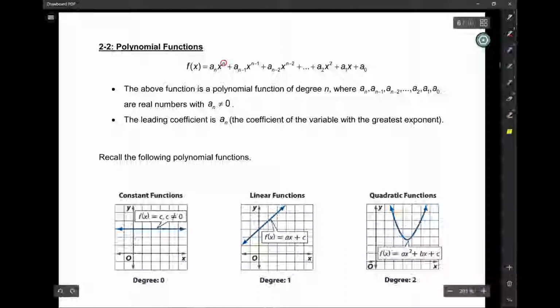And then if you look at all of the other exponents, it's n minus 1, smaller than n, n minus 2, smaller, and then dot, dot, dot, all the way to 2, 1, 0 for the exponents. So this implies that n is the highest exponent. That's the degree. And the coefficient of the term with the highest degree is the leading coefficient. Okay?